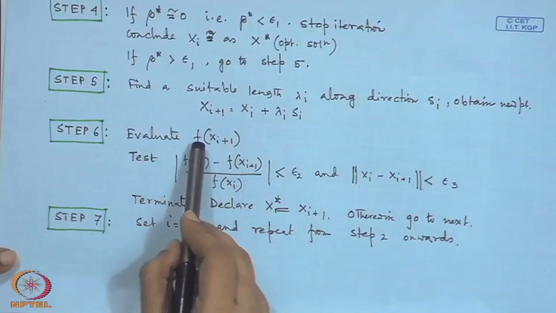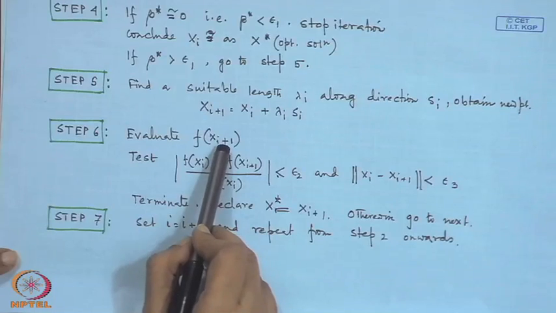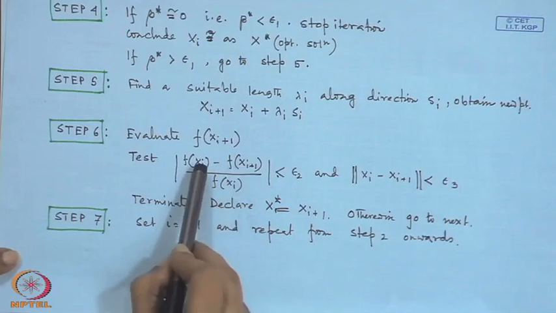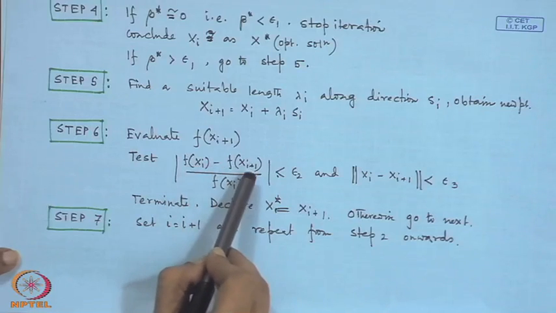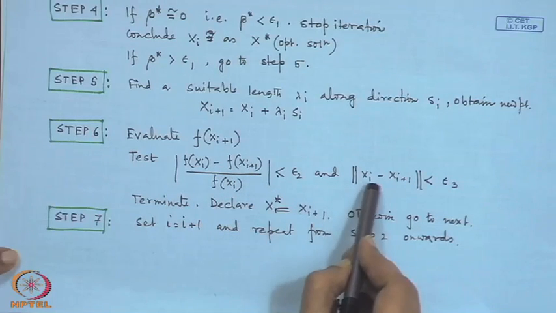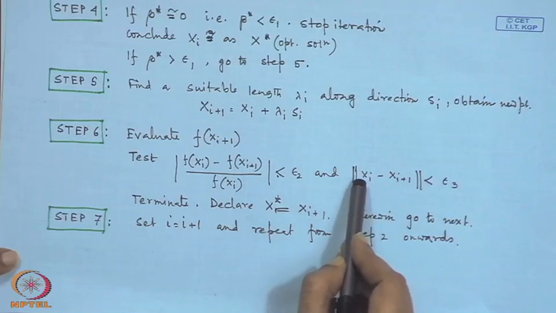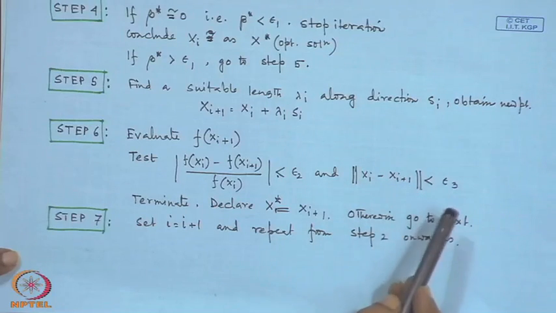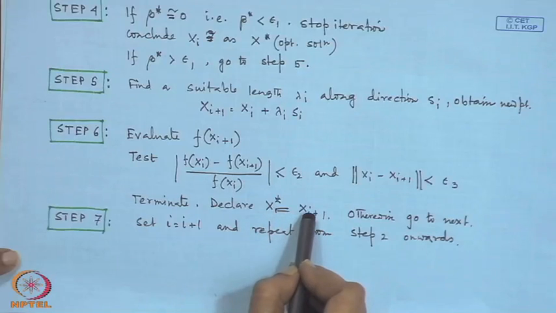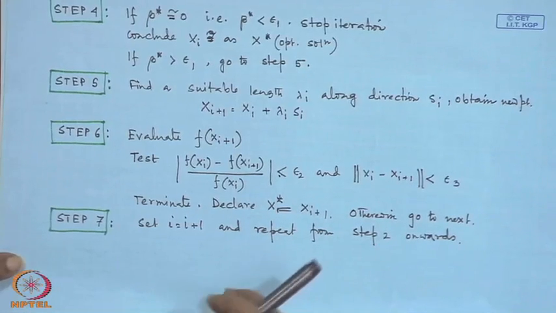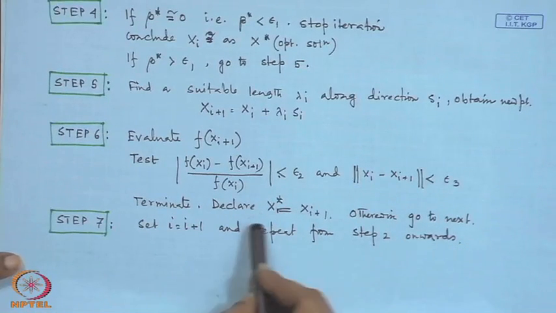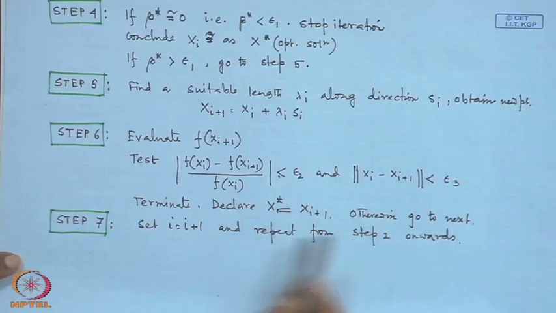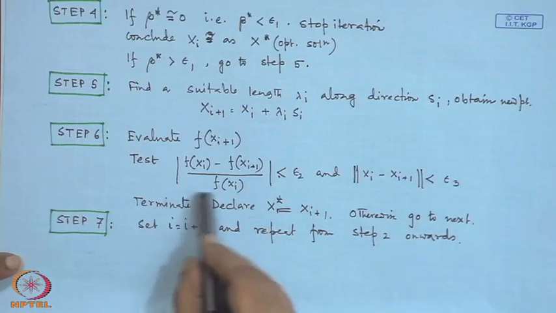How? We will find the functional value at this point, and if the rate of difference of the functional value is very small, and if the xi's are very close, the norm, because these are all vectors, very close to each other, then we will declare that one as the optimal solution. Otherwise, if it is not optimal, we have to repeat the process again and again.